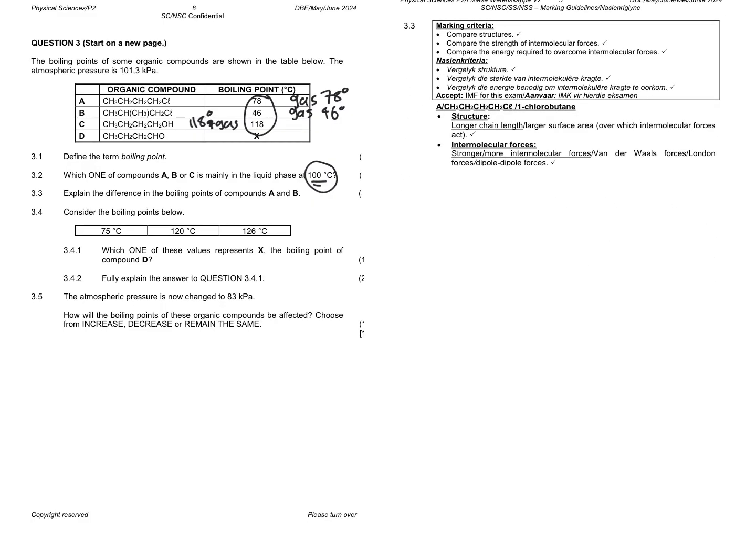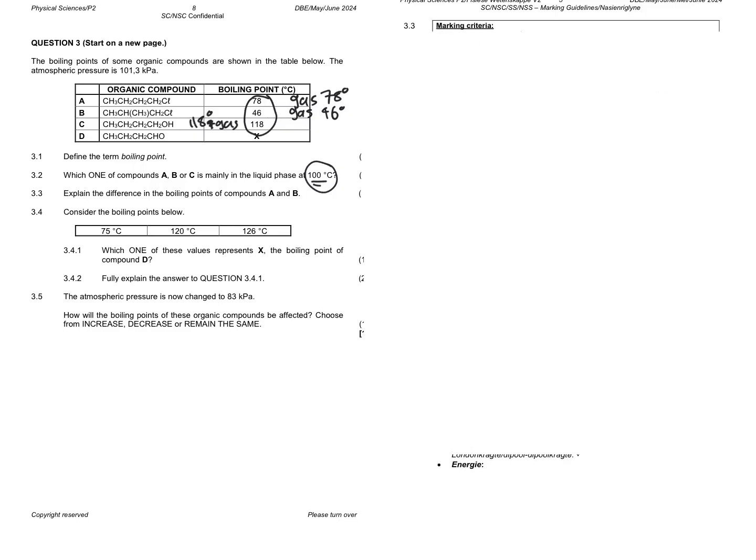Then for number 3.3, explain the difference in the boiling points between A and B. So A and B are both 1, 2, 3, 4 carbons. But the brackets in B mean that it actually looks like this. And I don't know, again, whether you know, but it's got one of those.